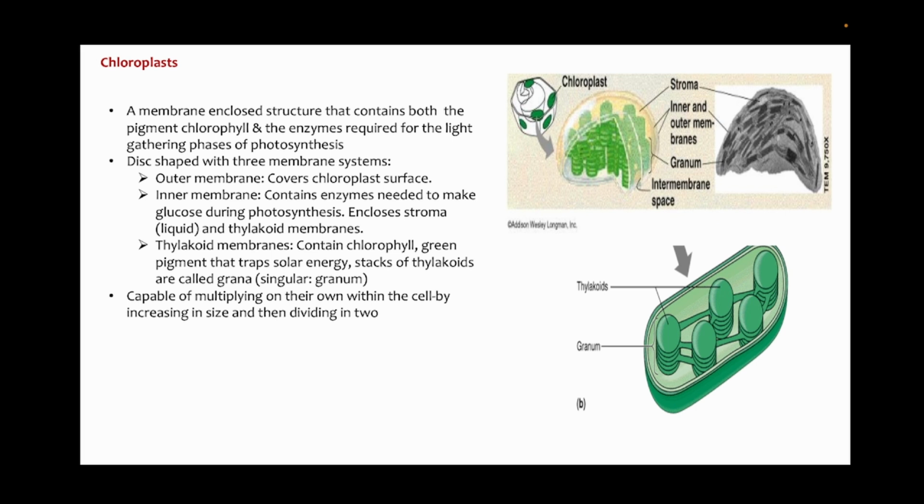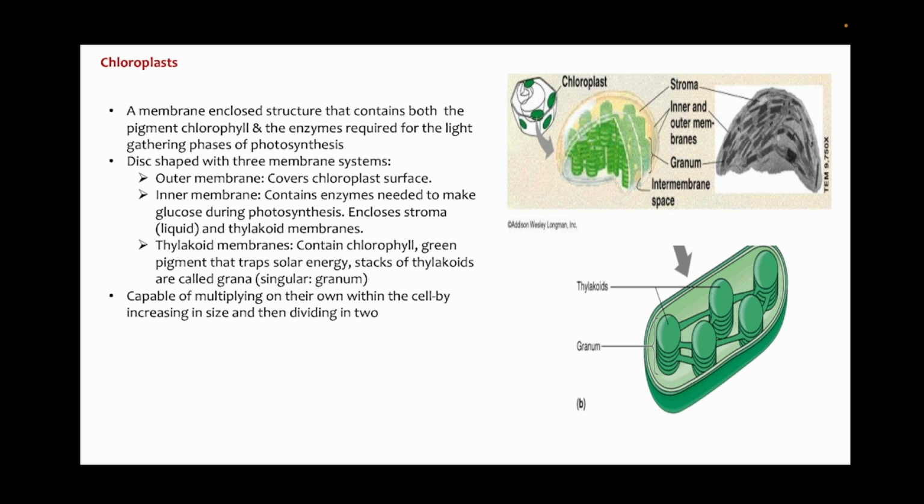So it's a disc shape with three membrane systems. You have your outer membrane, you have your inner membrane, and you have your thylakoids. So thylakoids are the plates, the discs. Okay, so thylakoid membranes form the disc.